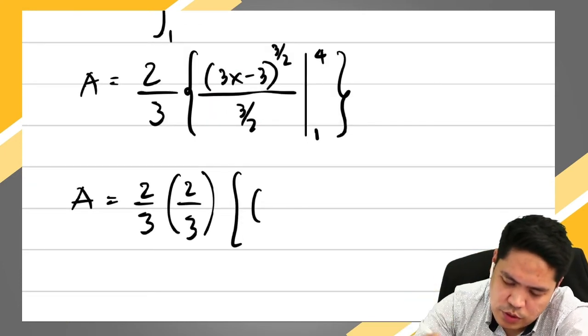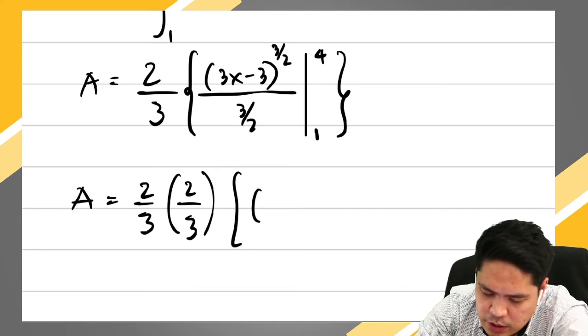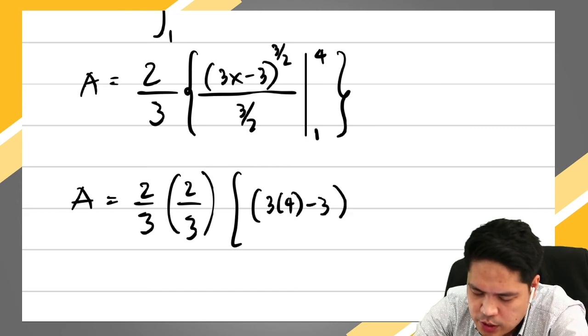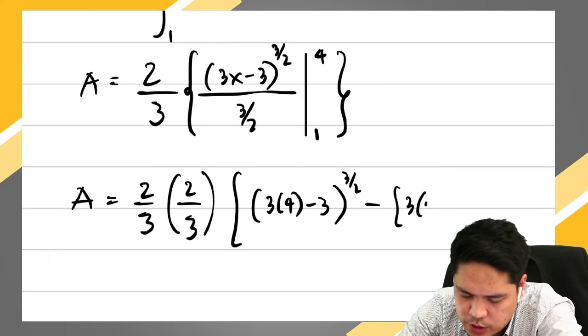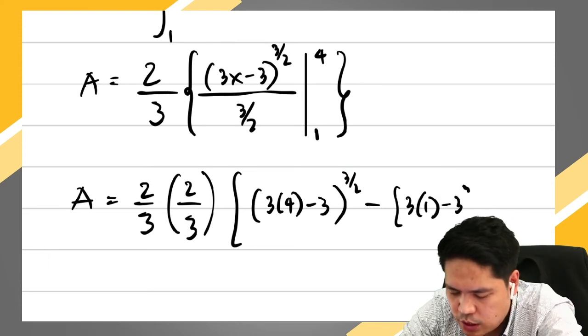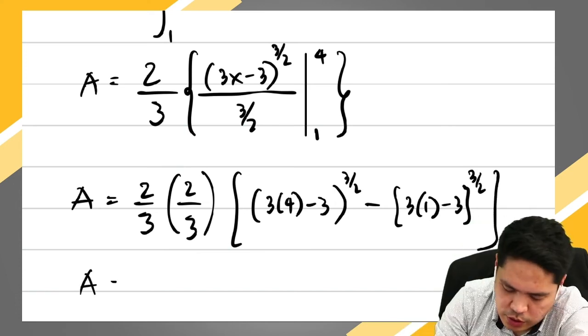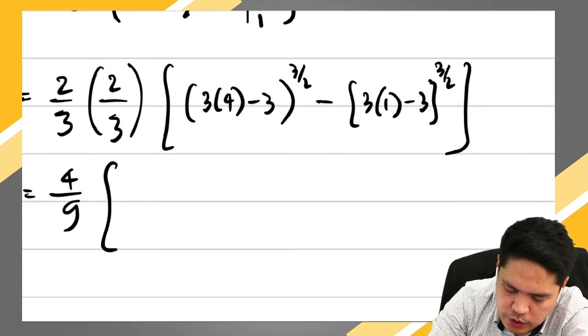So therefore, that would be 3 times 4 minus 3 raised to 3 halves, minus 3 times 1 minus 3 raised to 3 halves. So the area is 4/9 of this.